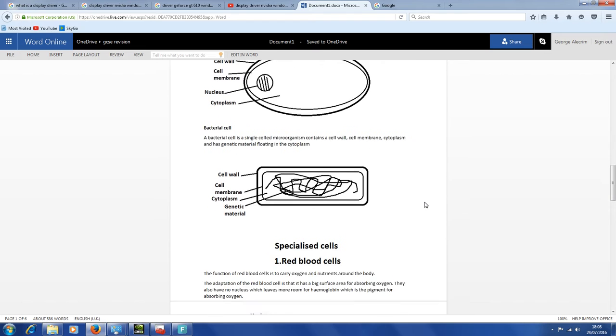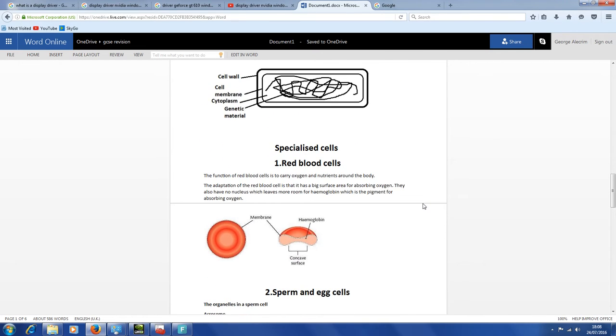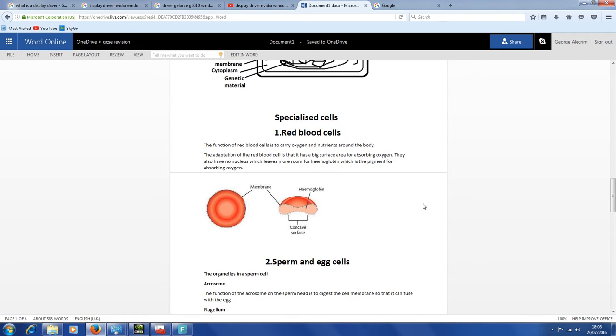Now you may also be asked on specialised cells and how they're adapted to their purpose. Now as you can see here, the function of the red blood cells is to carry nutrients around the body. That's the main function of blood. So when you eat food, the nutrients go to your muscles or to all other organs, and it's all transported through your blood.